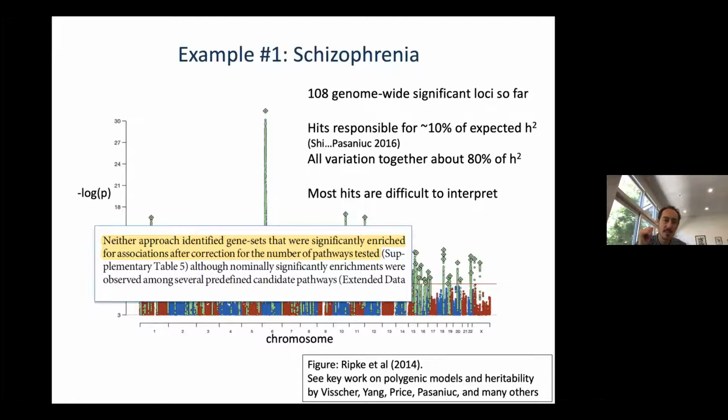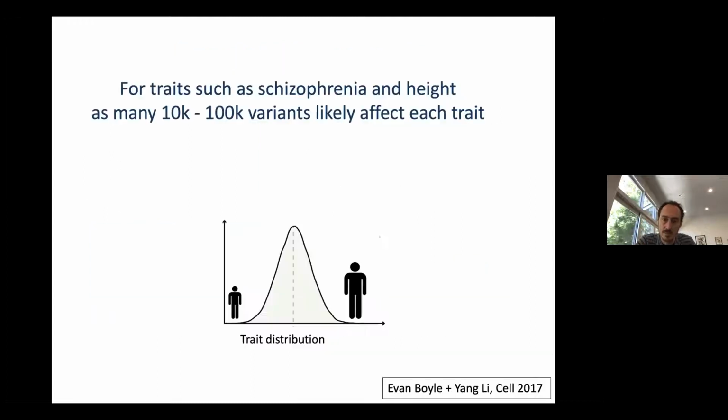The lead gene sets are associated with synaptic function and brain function. So even though they're not significant, you might imagine that they are onto something that's biologically real. But my point is that for schizophrenia, as well as many other complex traits, the lead hits that you get out tend to be very, very difficult to interpret.